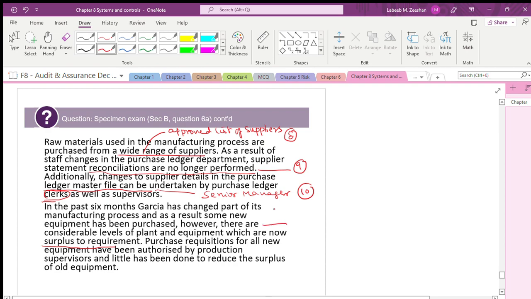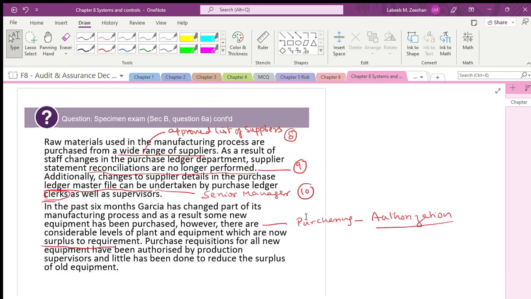Whenever you are purchasing, as we have learned just now, there should be an authorization. This is point number 11. Purchase requisitions of all new equipment have been authorized by whom? The purchase supervisor. This is point number 12.